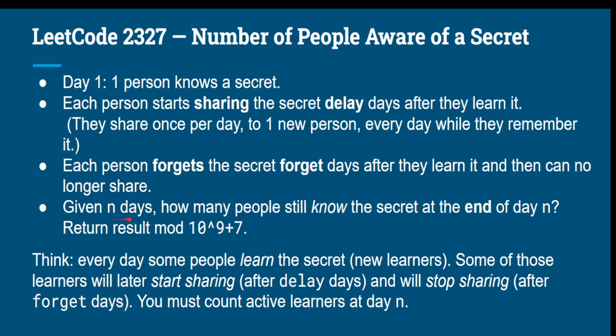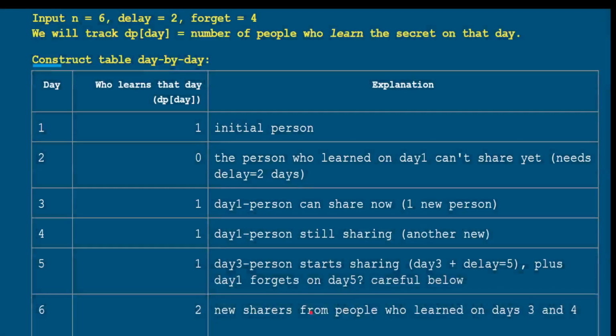We are given n number of days, and we have to check how many people still know the secret at the end of the nth day, and return the result modulo. So you need to think that every day some people learn the secret, that is called new learners, and some of those learners will later start sharing after delay days and stop sharing after forget days. So you must count active learners at day n. Understand? It means we have to keep the count of the previous ones also.